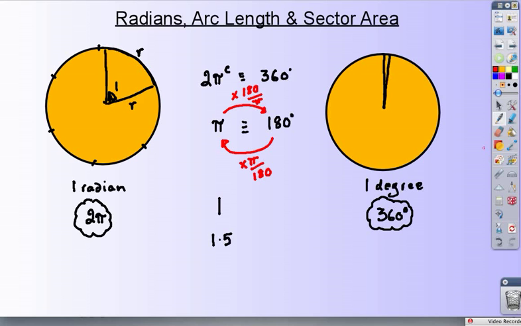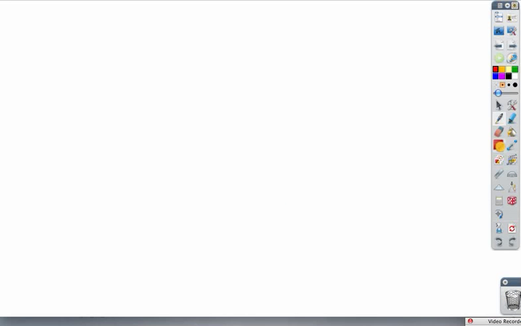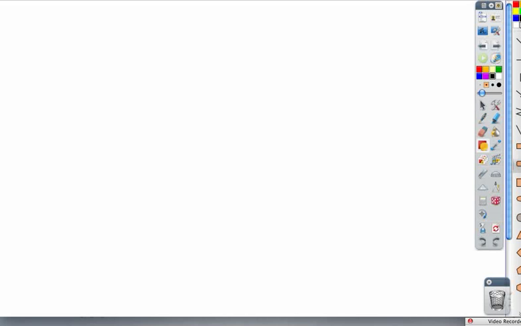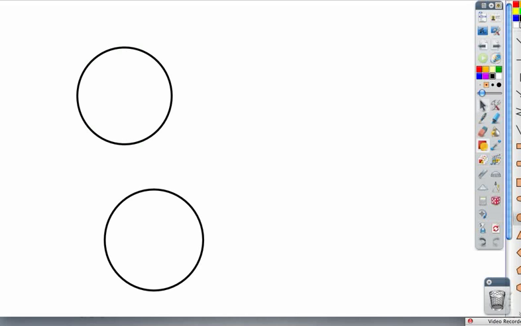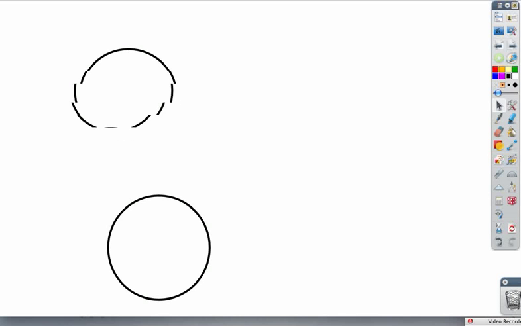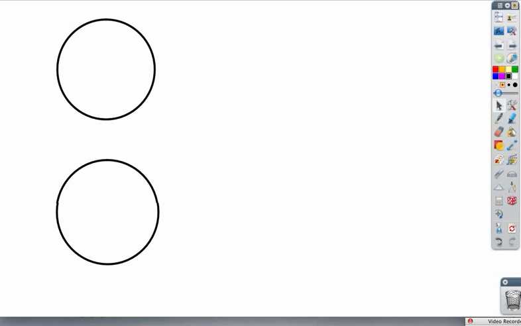Okay, 2 formulas. Very quickly, what we can see with radian formulas. Let's give me 2 circles. And the idea that 1 radian marks out 1 radius can be very useful indeed. It means that we have a very simple formula.